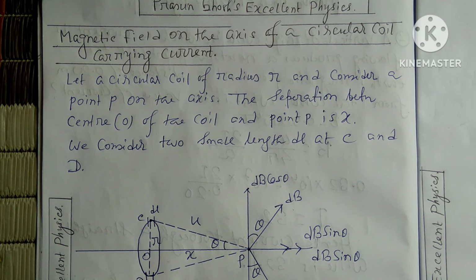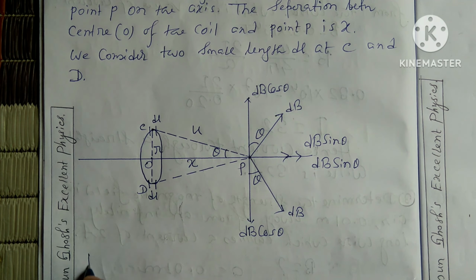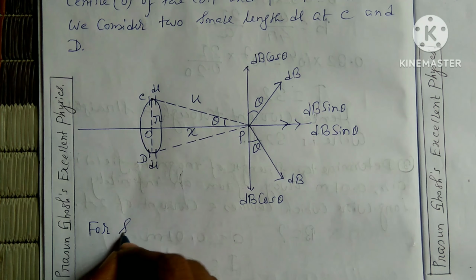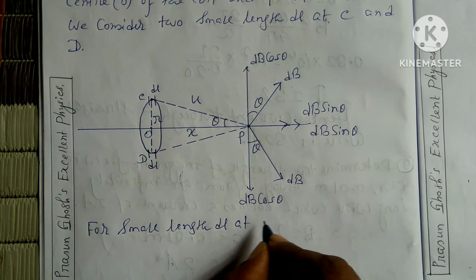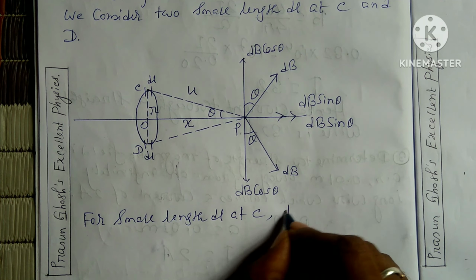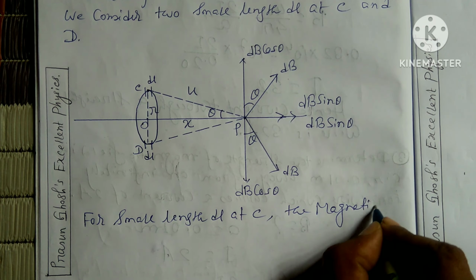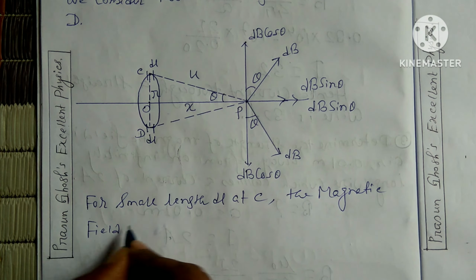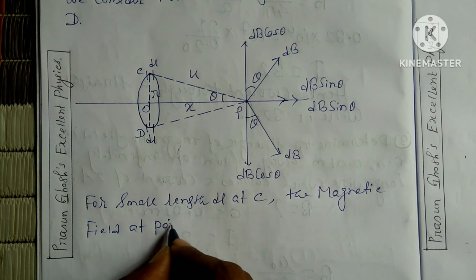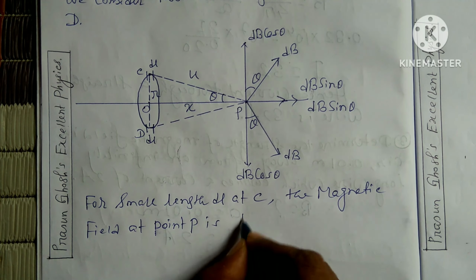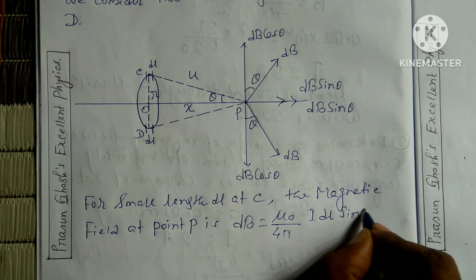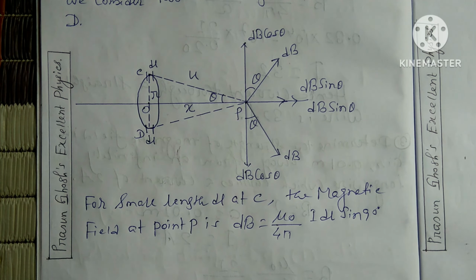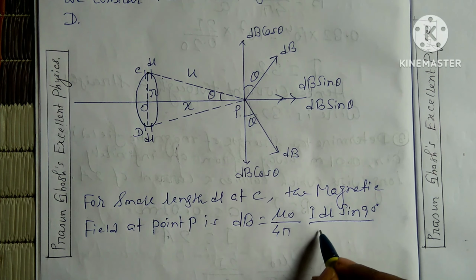So for small length dl at C, the magnetic field at point P is dB equal to mu0 by 4 pi I dl sine 90 degree by u square, because this angle makes 90 degrees.